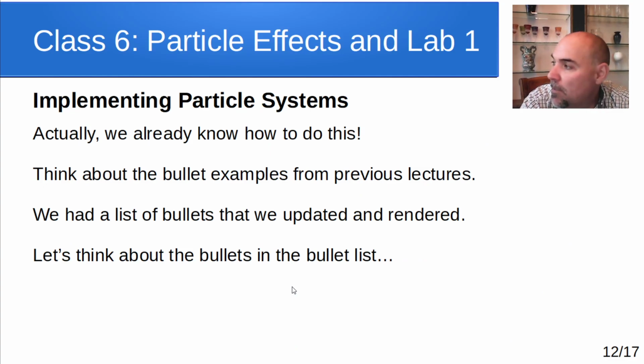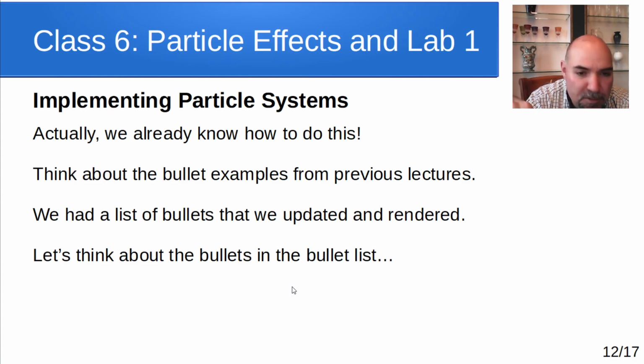Now, implementing particle systems, how do we write the code for this? It actually turns out that it's pretty easy. We have done this in previous labs. Think about those bullet examples from the previous labs where we created a list of bullets or a list of balls, and then we updated all of them in the list, moved their positions, and then we drew all of them in the list to show them on the screen, and then we repeated that over and over again.